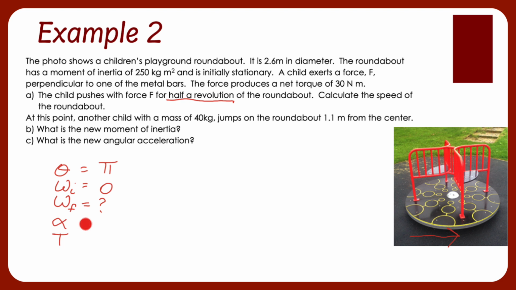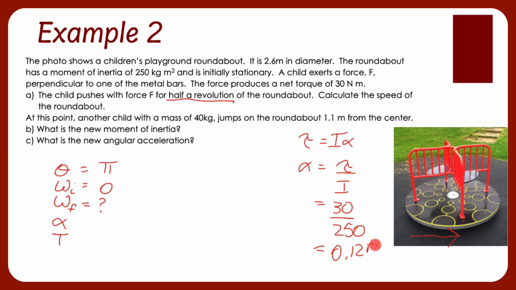Well, I don't know it yet. Let's go back to Newton's second law. Torque is going to be moment of inertia times angular acceleration, which will be my 30 over 250. That's going to give me 0.12, and this will be radians per second squared.